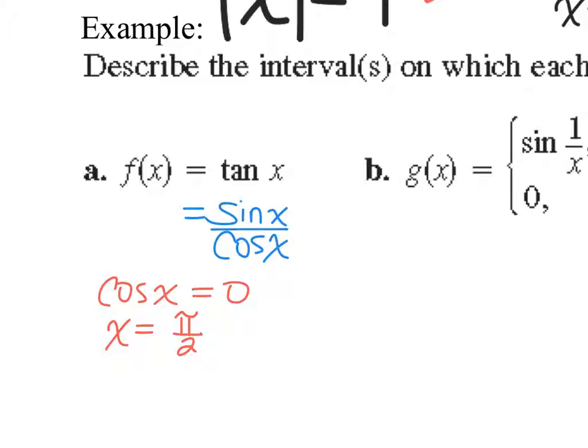3 pi over 2. And then if we were allowed to go around again, it would be pi over 2, 3 pi over 2, 5 pi over 2, 7 pi over 2, and so on. All right, separated by half circles every step of the way. What's half circle in radians? Pi, right? So we do plus pi k, where k is an integer.